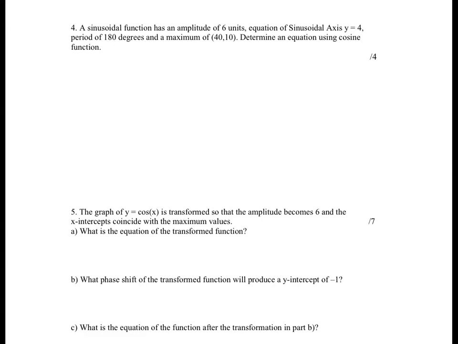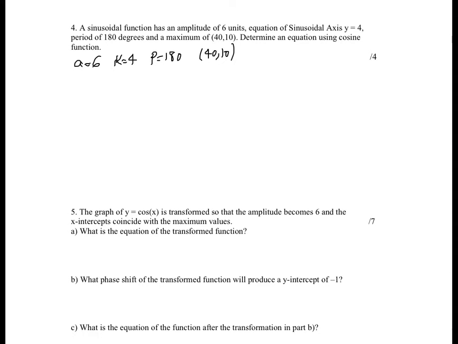The next question says that you have a sinusoidal function with an amplitude of 6. So A is 6. The equation of the sinusoidal axis is k equal to 4. Period is 180. And the maximum is at (40, 10). Determine an equation using the cosine function.